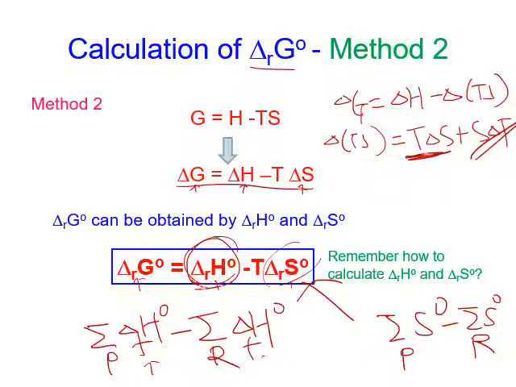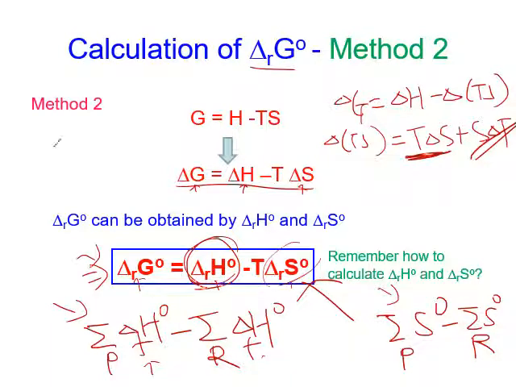And so we have introduced this alternative way to calculate standard Gibbs energy of reaction. So which way is better? When do you use this method or the other method? It depends. If we have the standard reaction enthalpy and standard entropy of reaction, then we use this second method.